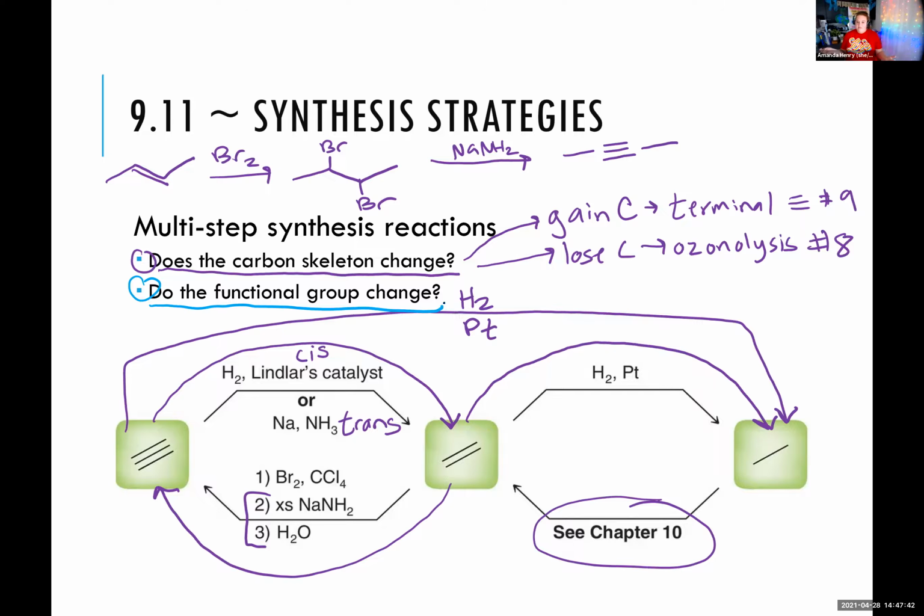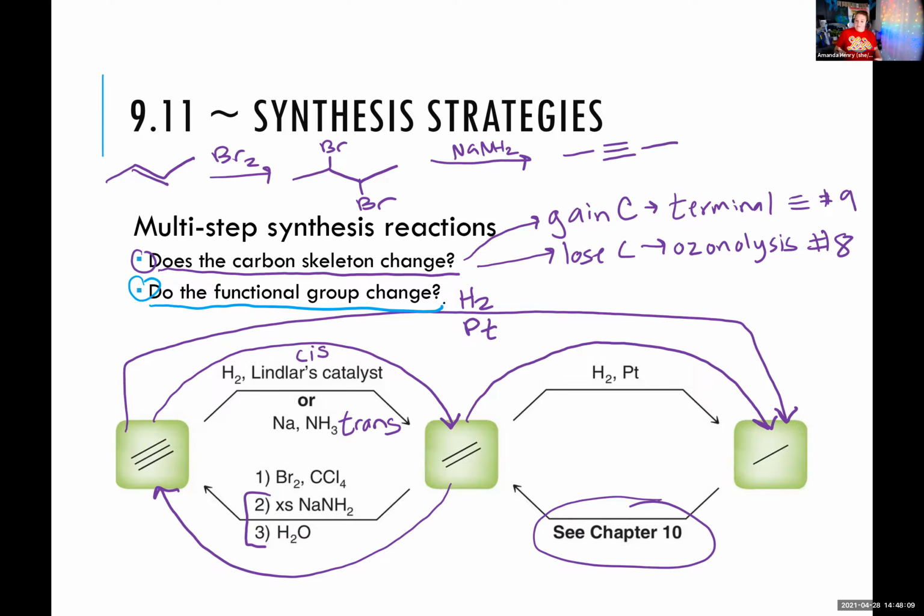In chapter 8, we learned how to make ketones, and aldehydes and diols and alcohols and halohydrins. And then in this chapter, carboxylic acids and ketones and all kinds of aldehyde or halogen groups. So we have a huge list of potential functional groups that we can make.